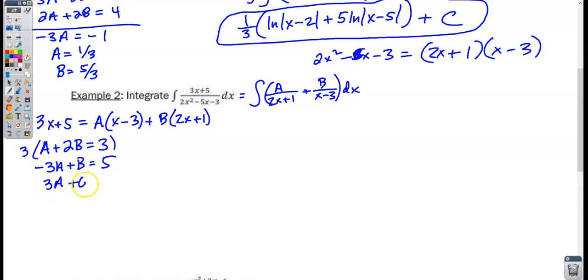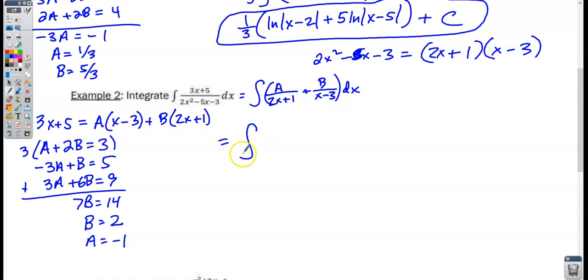Gives me 3A plus 6B equals 9. Add these two together. Gives me 7B equals 14. So B equals 2. If B equals 2, A has to equal negative 1. All right, and so this is equal to the integral of negative 1 over 2x plus 1 plus 2 over x minus 3.